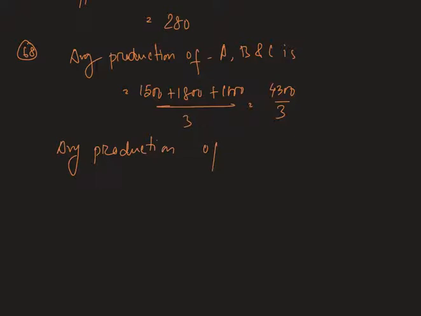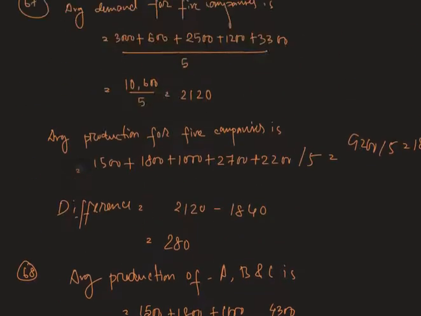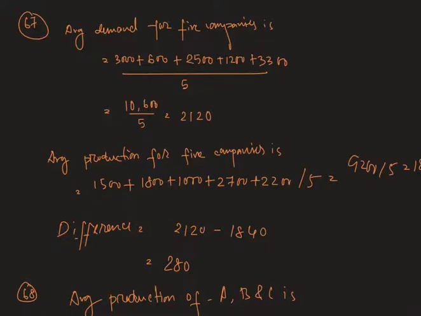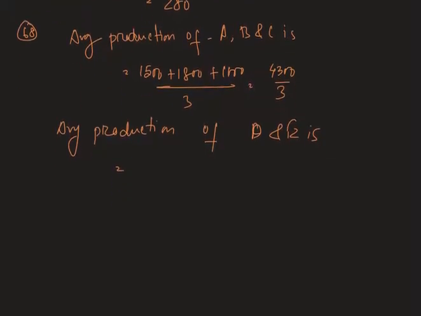Average production of D and E is 2700 and 2200, and this results in 4900 divided by 2.